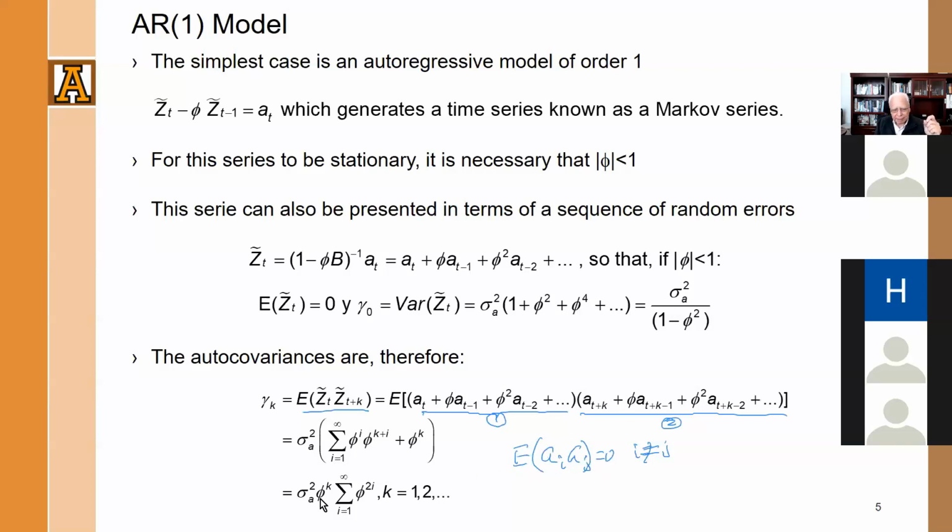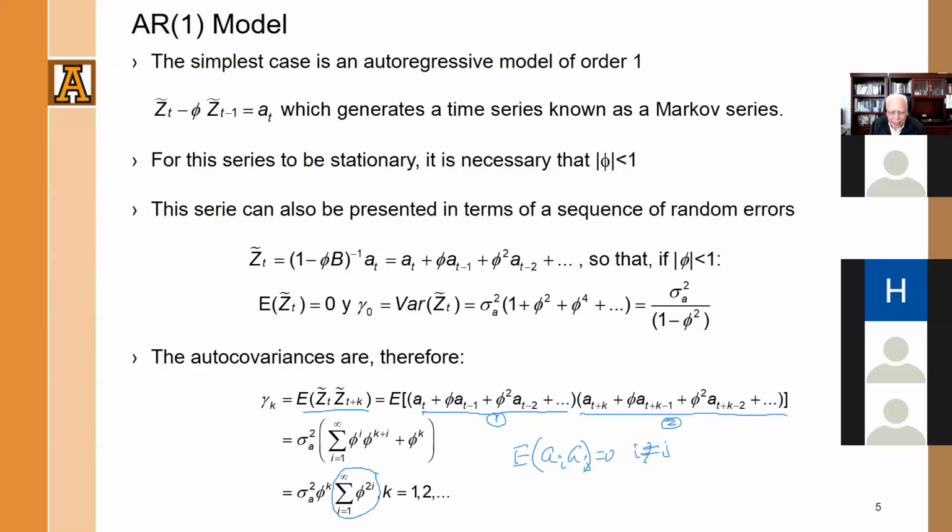Now the covariance between Z_t and Z_(t+k) is this thing here, which you can write as sigma squared times phi to the k, times the sum from j equals 1 through infinity of phi to the 2j.